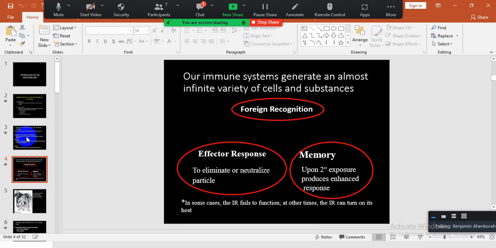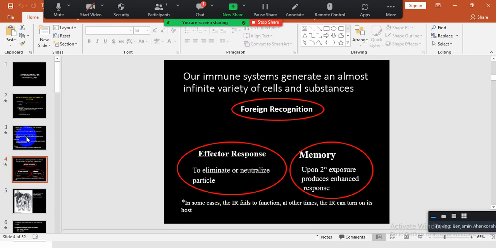If your immune system is not awake to recognize foreign particles and remove them from your blood or fight them, then anything entering your body will cause harm to you. So foreign recognition means that the body is able to recognize anything foreign that is entering your body. We also have effector response.